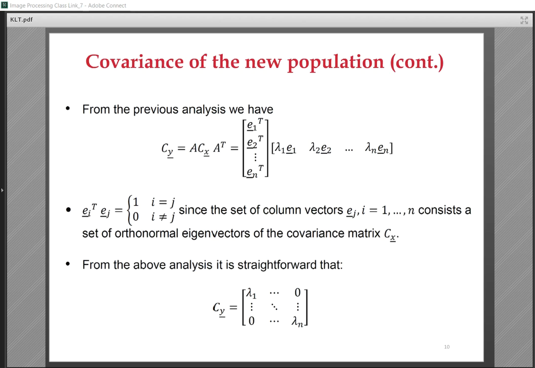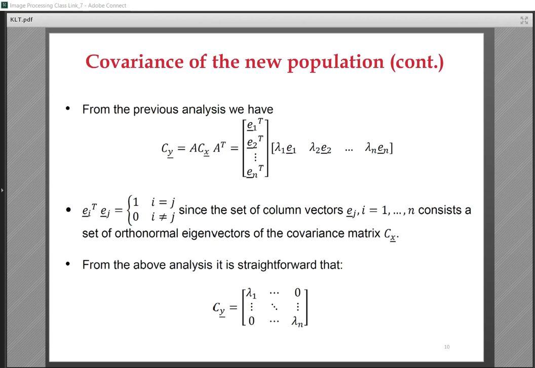But what about Ei transpose times Ej? Using the property of orthogonality or orthonormality, we know that Ei transpose Ej is zero for all i and j, and is 1 only when i equals j.